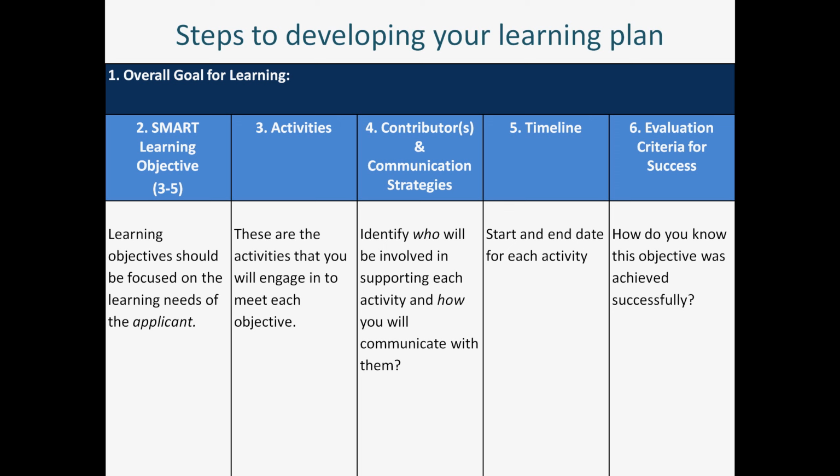So ensure that you have allotted the right amount of time for the fellowship activities, and that your activities also flow in a logical sequence in the time frame. The evaluation criteria for success, so remember to make these really clear and use them to help you determine whether or not you have met your objectives and if you've met them well.